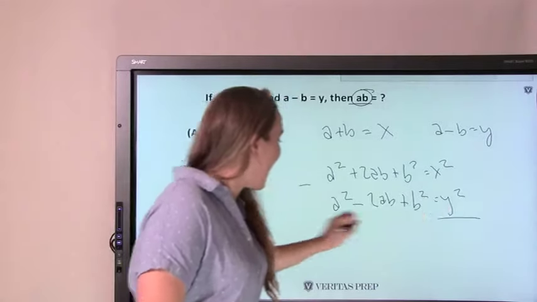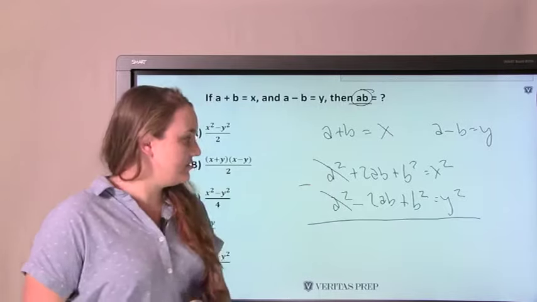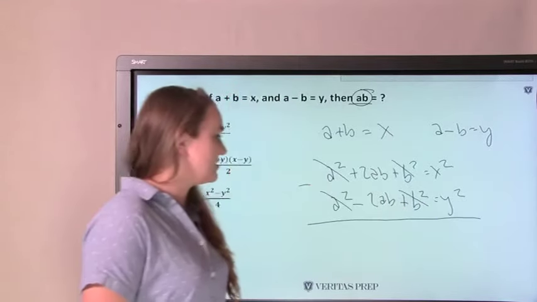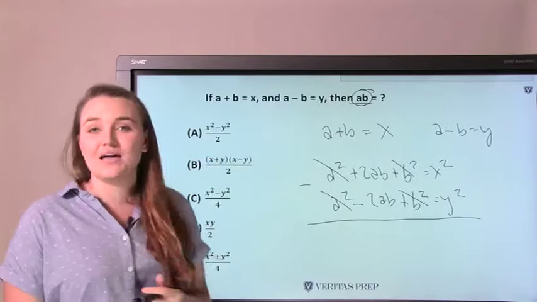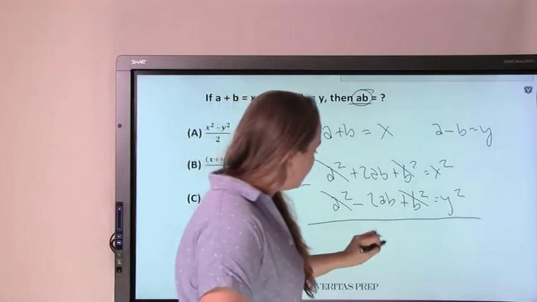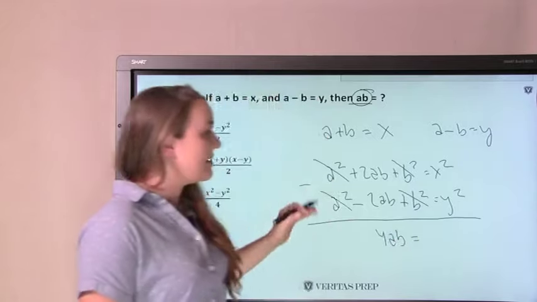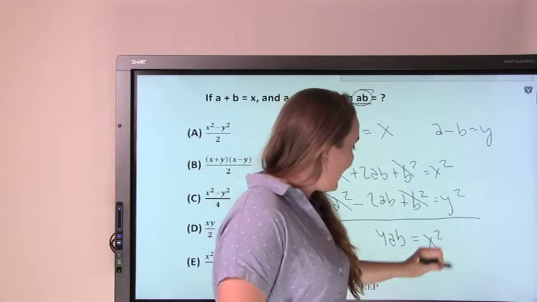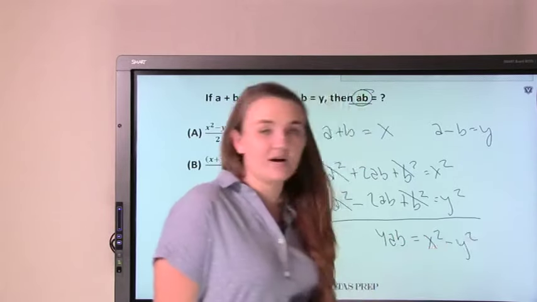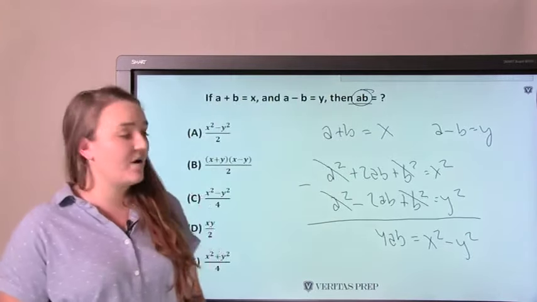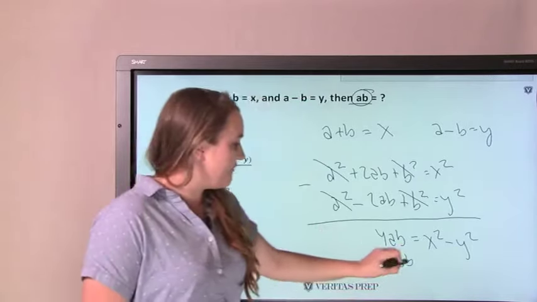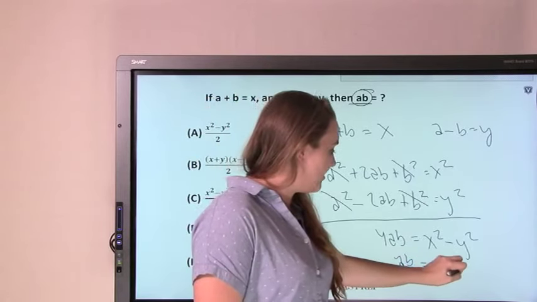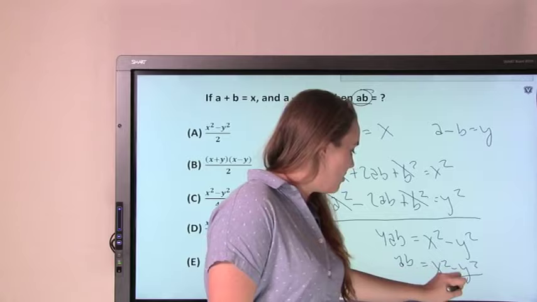Because if I subtract, my A squareds cancel, my B squareds cancel, and I end up with 2AB minus a negative 2AB, which gets me to 4AB. And I know that 4AB is equal to x squared minus y squared. And now I'm one short, simple step away from isolating AB. I divide both sides by 4, and AB equals x squared minus y squared over 4.